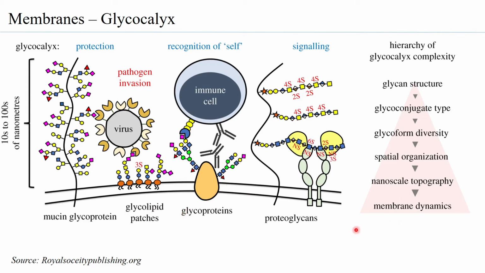Let's take the example of sialic acid. Now, sialic acid, that is N-acetylneuraminic acid, is present in several glycolipids. These sialic acids are present in most mammalian cells, but they are not present on microbes.